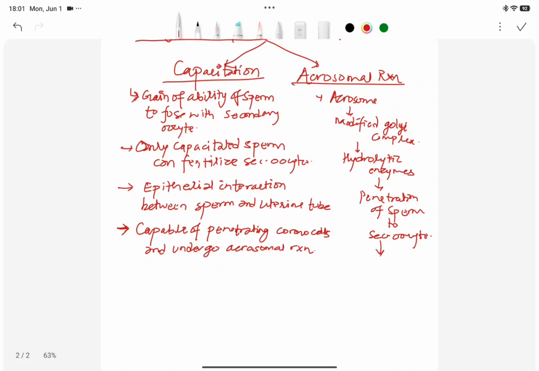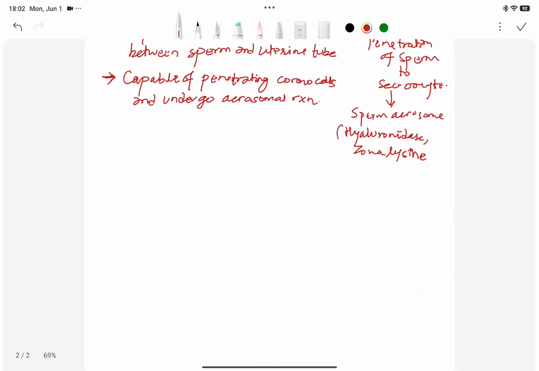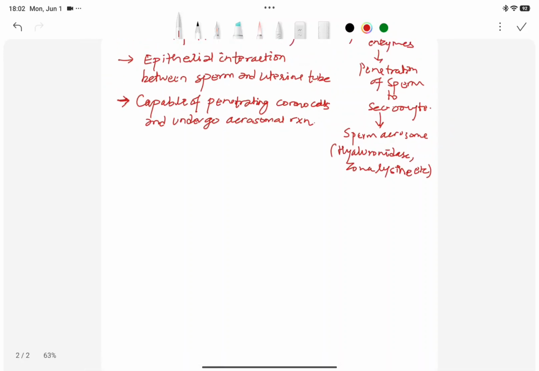So this sperm acrosome contains most of the hydrolytic enzymes such as hyaluronidase, zona lysin, etc. These hydrolytic enzymes help in the penetration of sperm to the secondary oocyte.